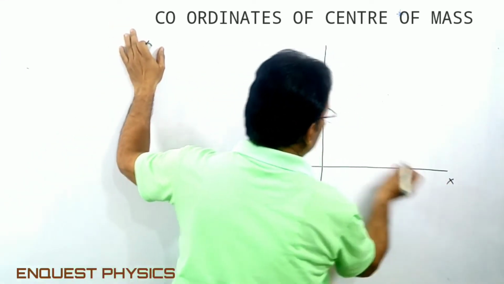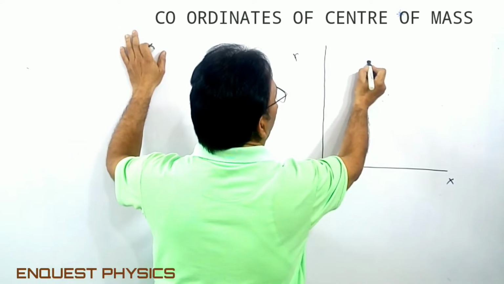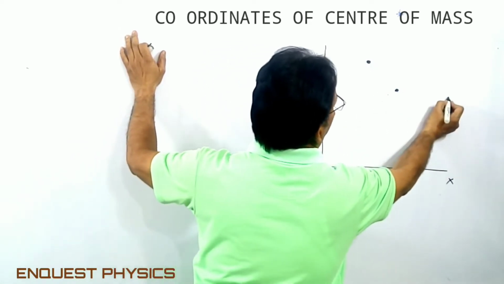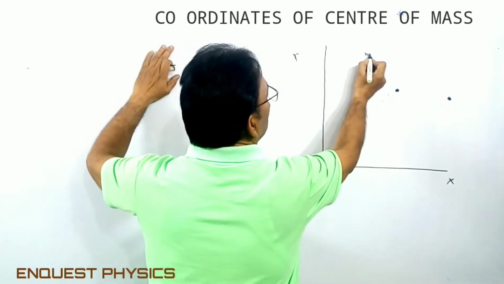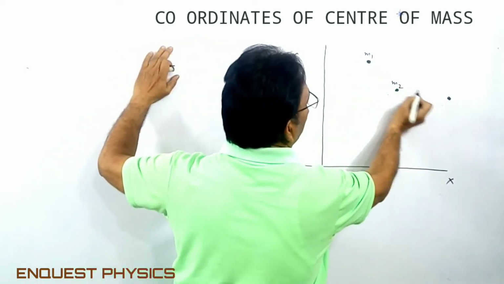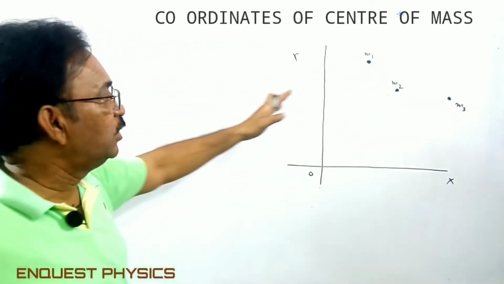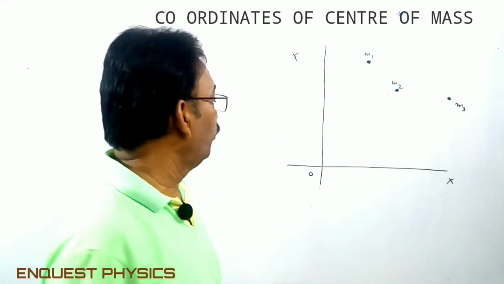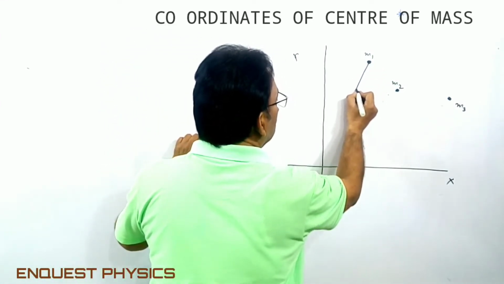Obviously it is the x-axis and the y-axis, and this is the origin. Let's say particles are situated at various positions. It has a mass of m1, this has a mass of m2, and this is m3, and a number of particles are distributed in this plane. We have to locate the position vector, students.